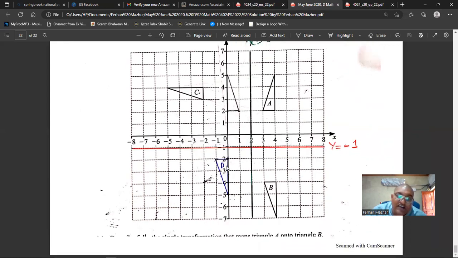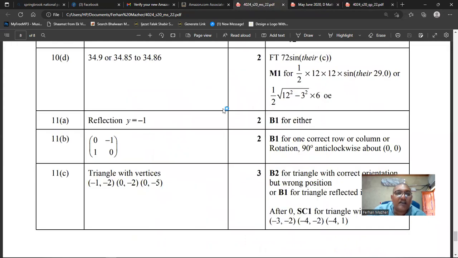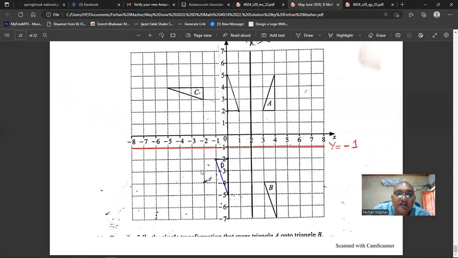So this is the triangle D. Hopefully you understand. So let me check the coordinates: minus 1, minus 2, and 0, minus 2, and 0, minus 5. Let's see. Our coordinates are right, sir. On A, I did M, you got here. On this image, I do R, so I got here, that's D. So this is how this is done.